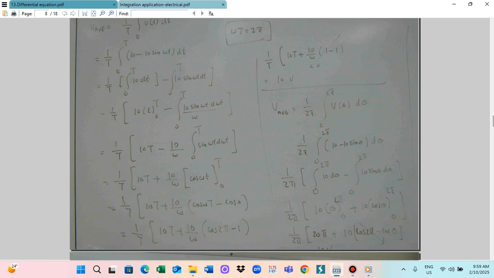Minus cos means that this minus and this minus multiply, and this is plus. So this is cos omega t, from 0 to T. Then you now substitute T and 0.